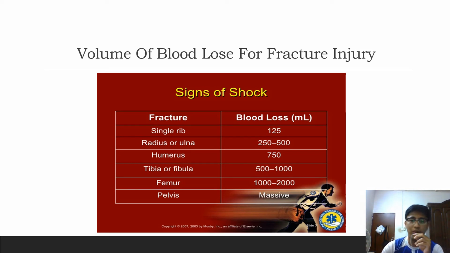For radius or ulna, 250 to 500 ml. For humerus, 750 ml. Tibia or fibula, 500 to 1000 ml. Femur, 1000 to 2000 ml. Meanwhile, for pelvis, the blood loss is massive, meaning there is a large amount of blood loss in pelvic fracture injury.